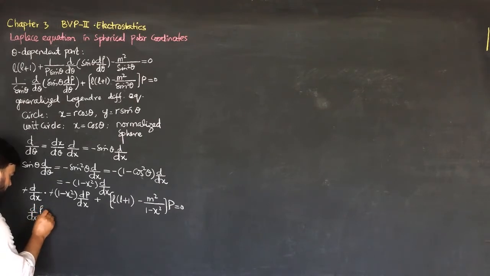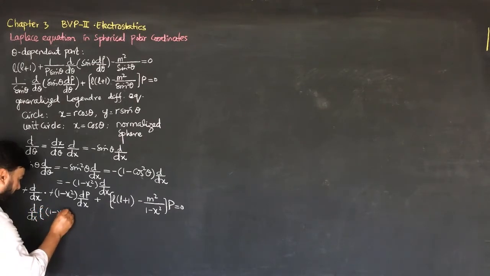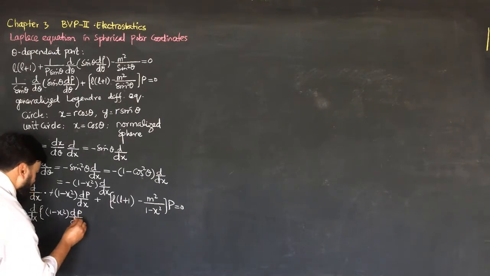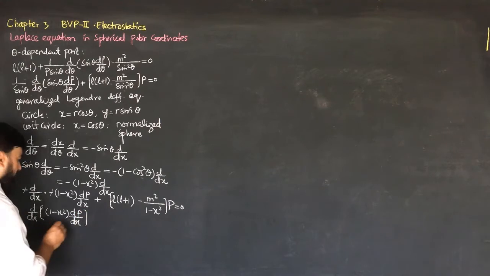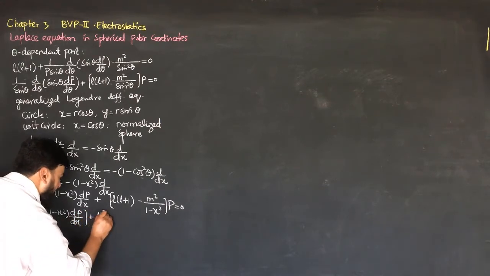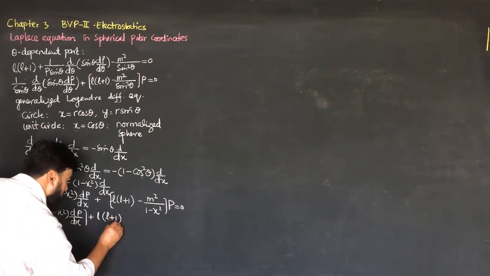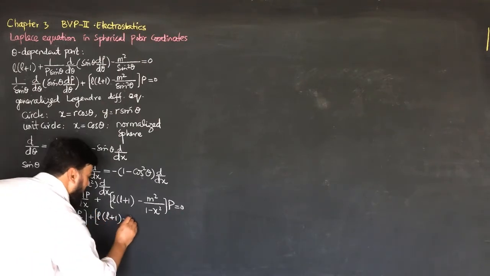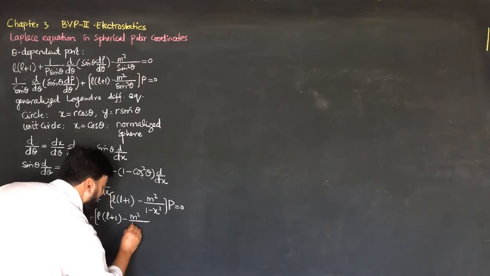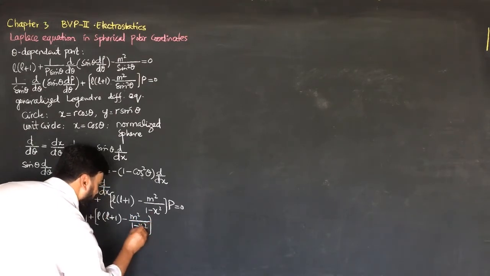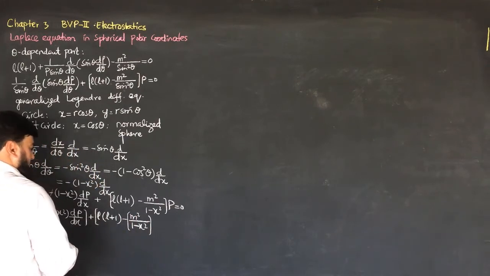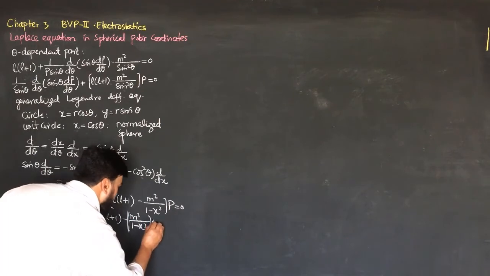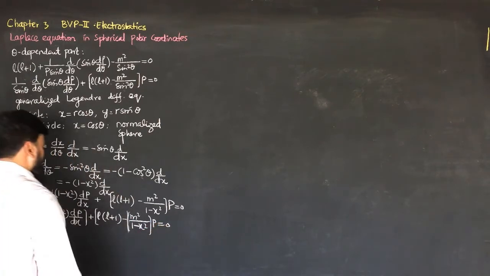Now this minus will cancel with this minus, and we will have d over dx of, let me select this in square bracket, 1 minus x square dP over dx, plus L into L plus 1 minus m square over 1 minus x square, close the bracket here, and P is equal to 0.